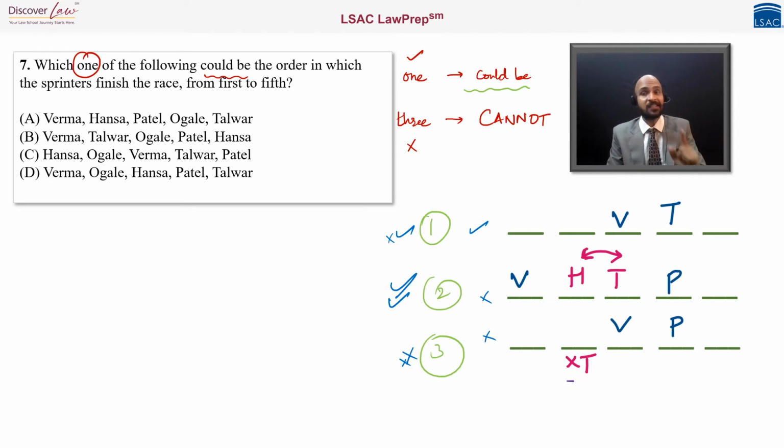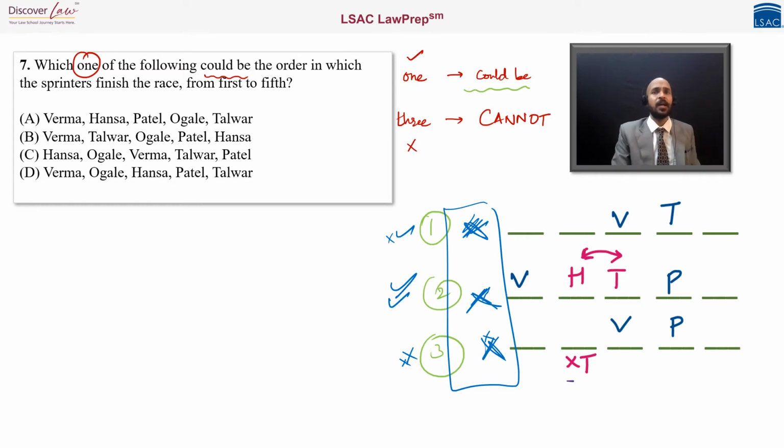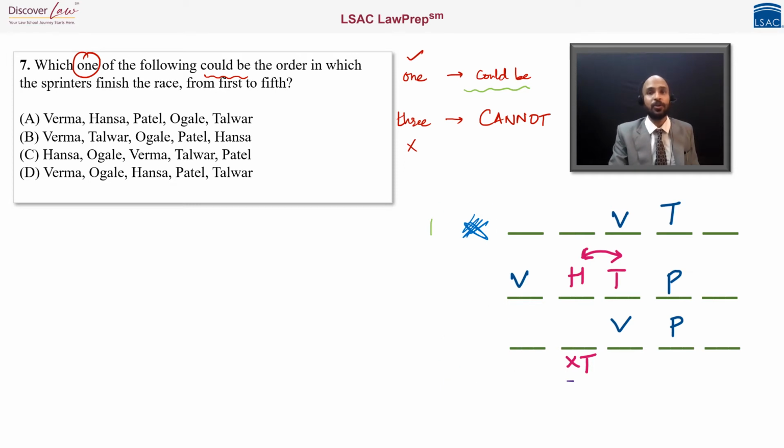But when I say that something cannot be true, that means it is not true here, not true here, and not true here, in all 3 cases. Therefore, in such a question, you have to solve this by elimination. You have to see which those 3 options are, which cannot be true in any case.